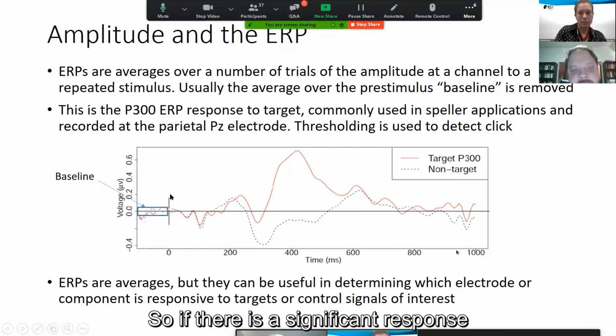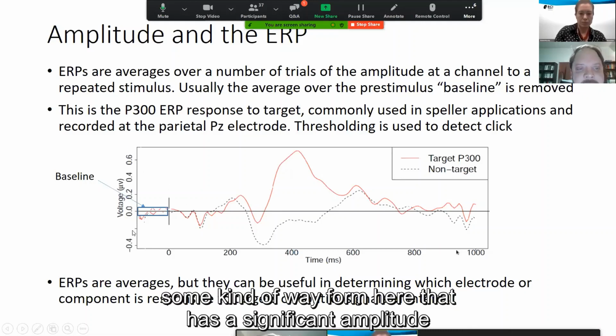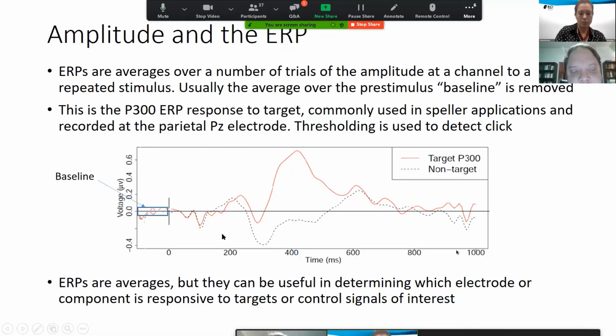So if there is a significant response, there will be some kind of waveform here that has a significant amplitude, because this is an average.